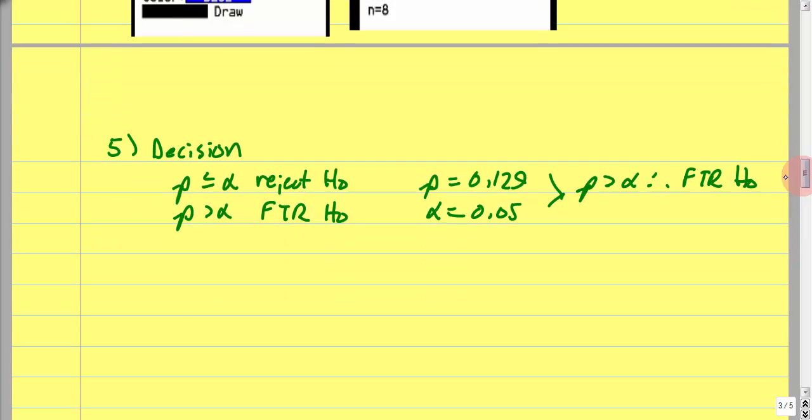Okay. Now, our summary. We failed to reject H0. That means that I have support for the null hypothesis.